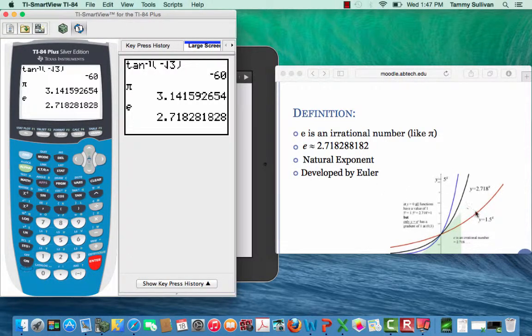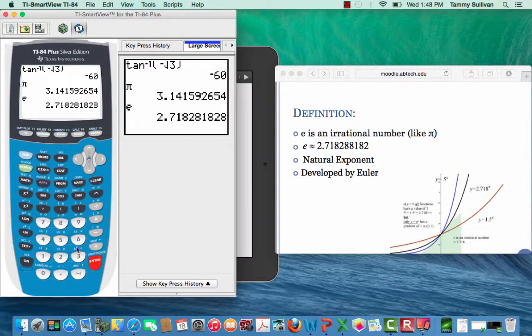And if you look at the graph here, I've got some exponential functions graphed. I've got the base of 1.5 to the x, the base of e to the x, and base of 5 to the x. And so you can see the different examples. So you can use e for any, and they call it a natural exponent, and it can be a base, it can be any number.